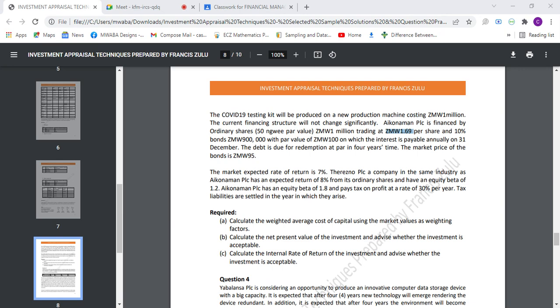I punched those figures and it's giving me 3,380,000. So this is the market value of equity, VE.